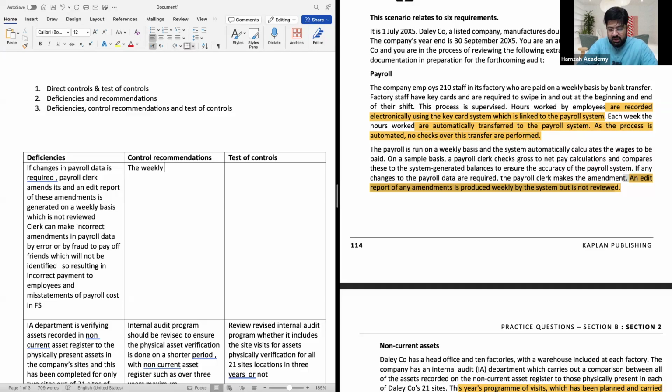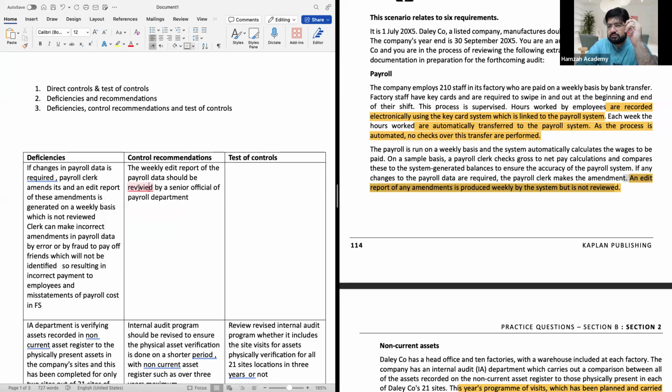The weekly audit report of payroll data should be reviewed by a senior official of payroll department.